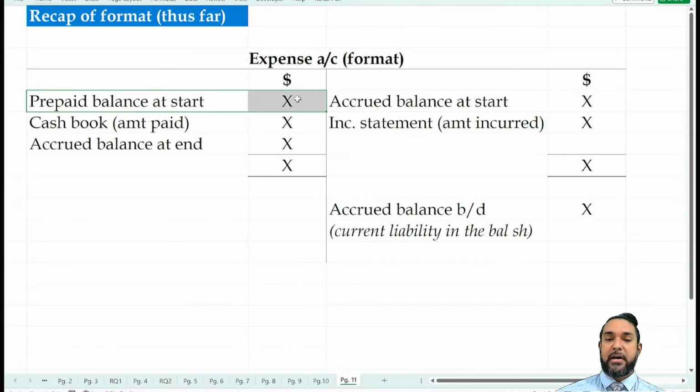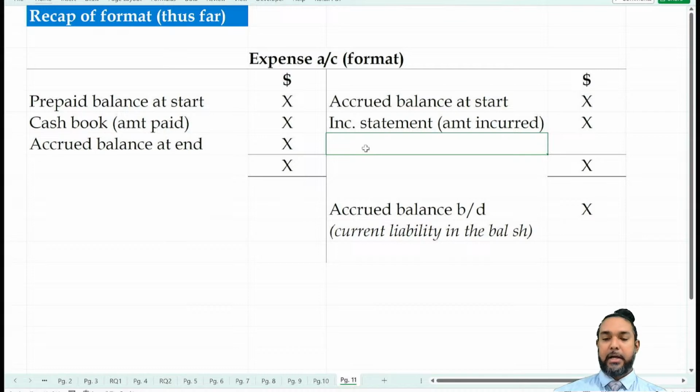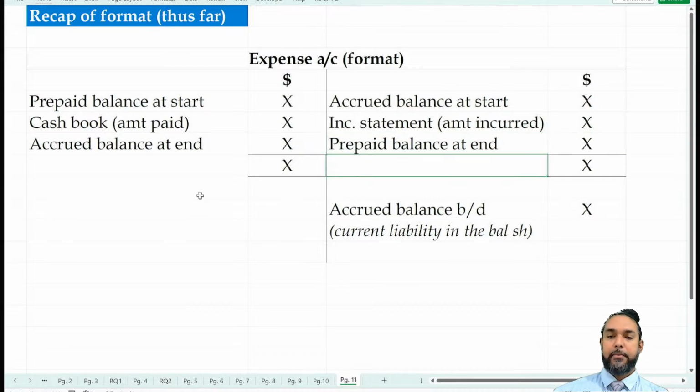So the prepaid balance for an expense is an asset, all right? And at end, sorry, one second. Prepaid balance at end. Right, and you can of course bring it down.